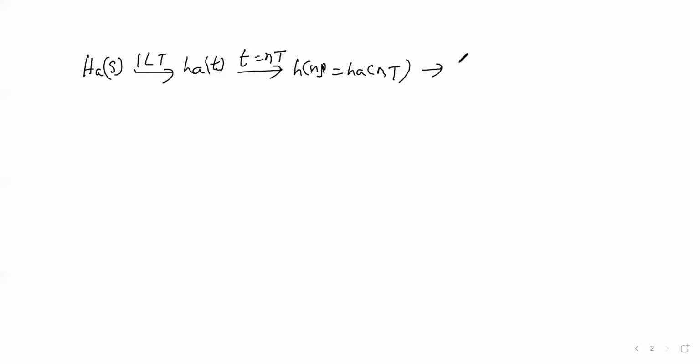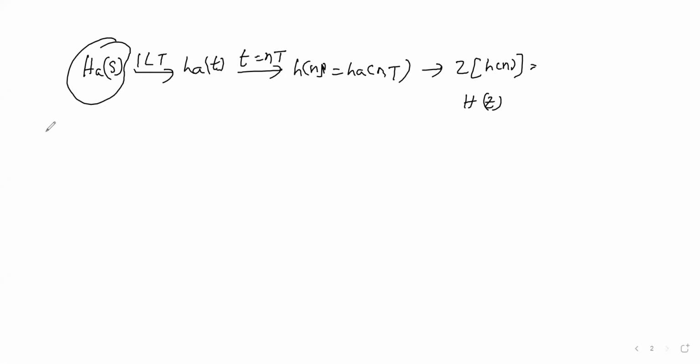Then find the Z transform of h of n, and you will get H of z. If the analog transfer function is not given, you have to find it using either a Butterworth filter or a Chebyshev filter. Clear?